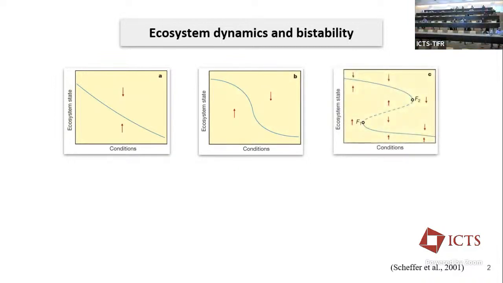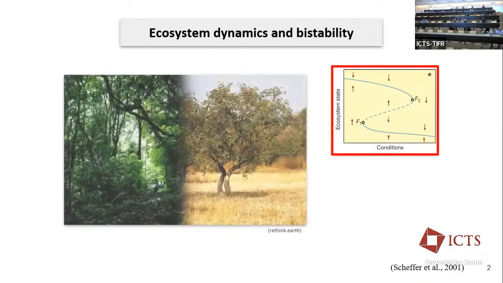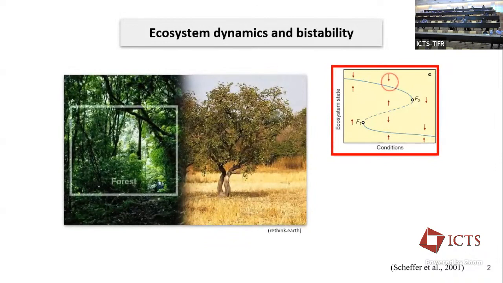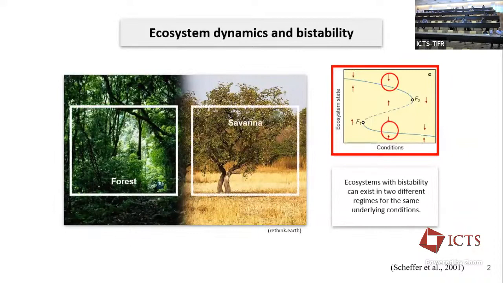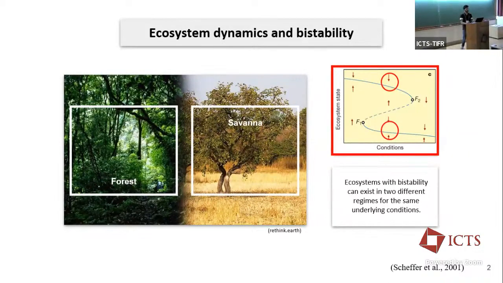So different ecosystems can show bistability for different ecosystem conditions, which implies a system can be in two different states for a similar set of ecosystem conditions. For example, here a system can exist in either forest or savanna state, depending on its prior conditions.